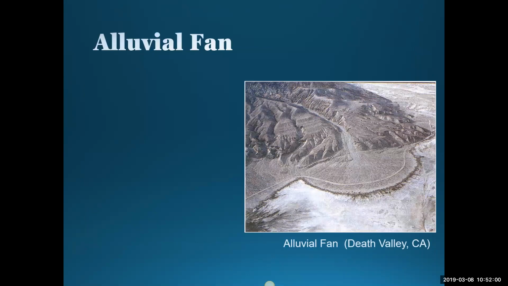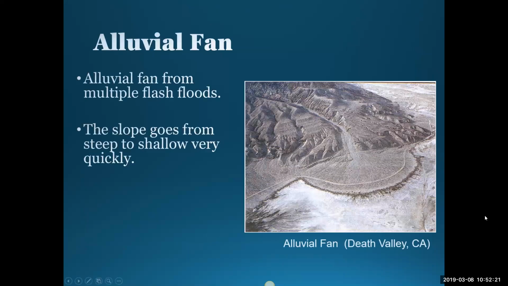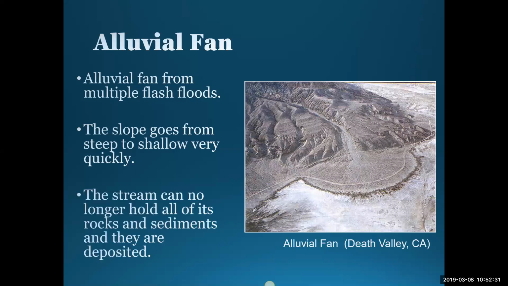A flooding feature that's talked about are alluvial fans. Here's a beautiful one from Death Valley. You can see why they're called fans. They have that beautiful fan shape. They form from multiple flash floods. So this is, again, similar to braided streams where the slope goes from being in the mountains to hitting the valley, so it loses all of its energy and it deposits everything that it's carried.